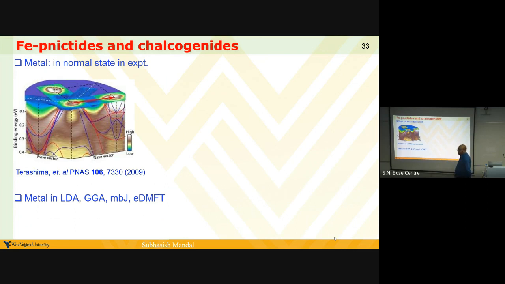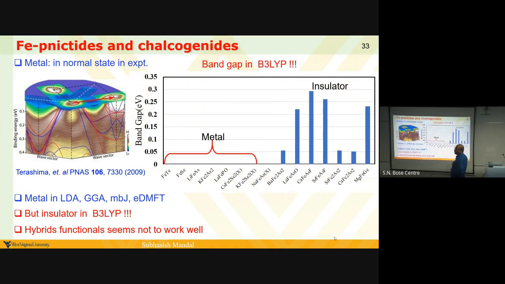It's going to show you metal. So is GGA and meta-GGA. But if you do hybrid, which was working very well for the transition metal oxides and Mott insulators, they are going to give you some insulating solution. So they are not even predicting metal for certain compounds or families. They are not really working well for strongly correlated metals.